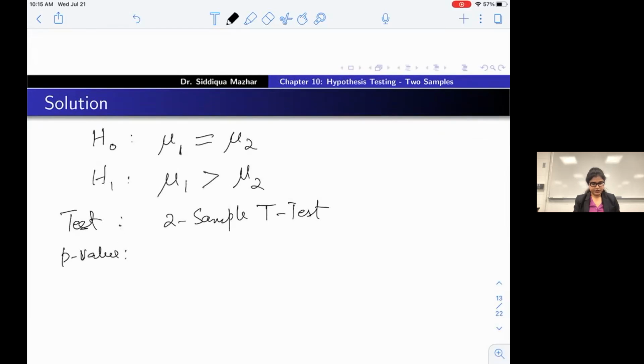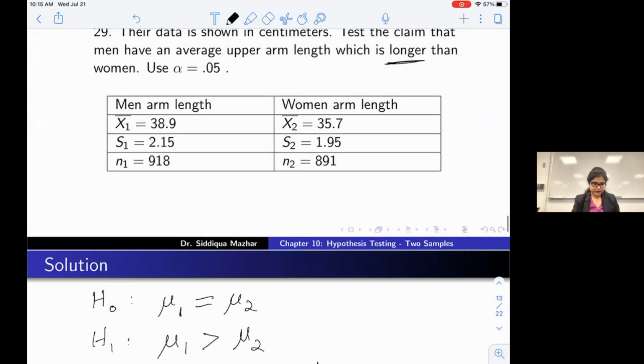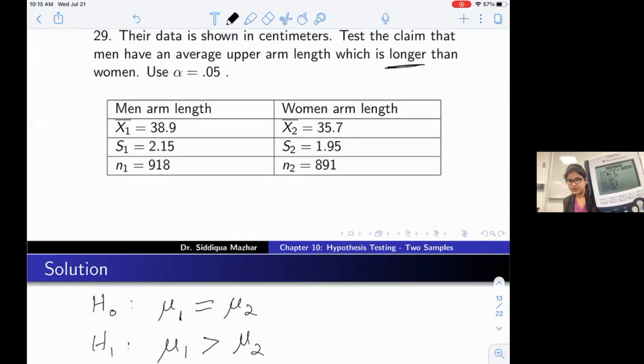On 4, you will choose two sample t-test. Go to stat. x1 bar: now you write all the values given in your question, which is 38.9 for male, S1 2.15, n1 918, and 35.7 for female.